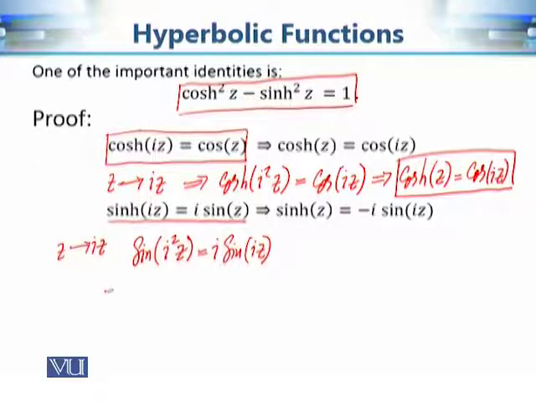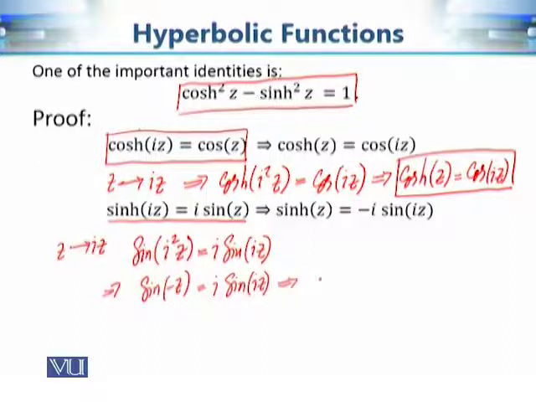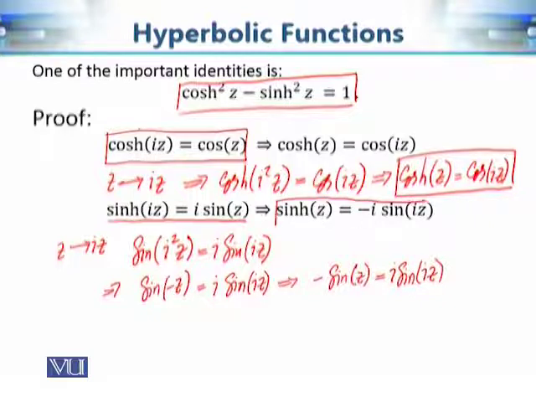So sine hyperbolic minus z, which is going to be equal to iota sine iota z. And we know that sine hyperbolic minus z is equal to minus sine hyperbolic z, so this implies minus sine hyperbolic z is going to be equal to iota sine iota z, and multiplying both sides with -1 we easily get this identity.